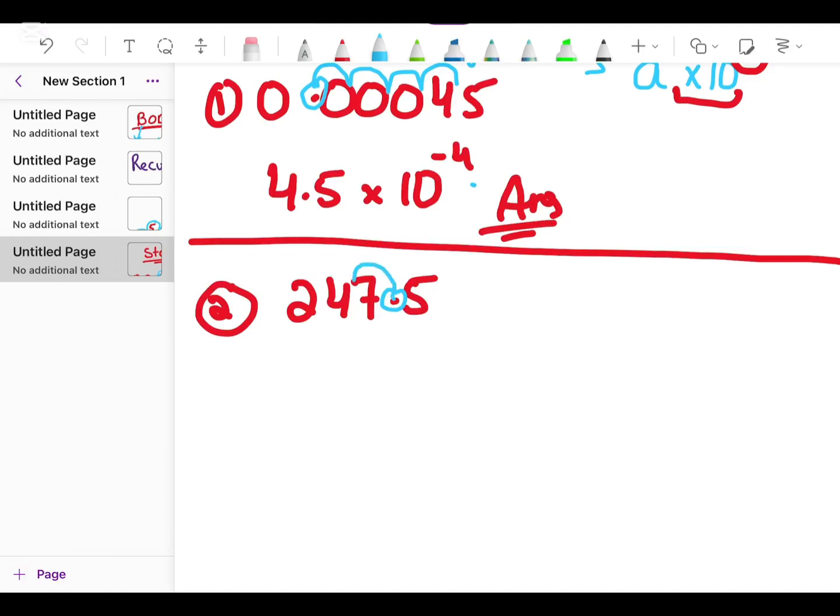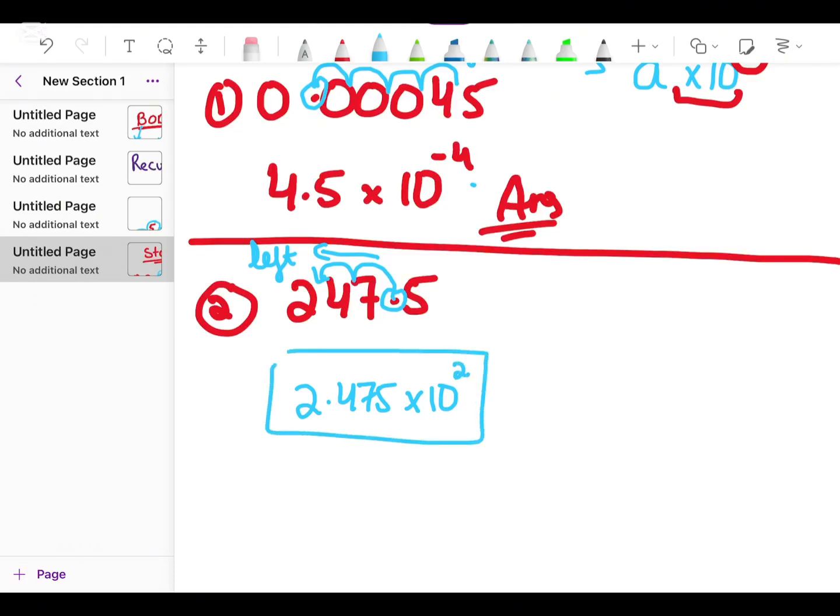So 1 and 2, it will take 2 steps, and the decimal point is moving to the left side. As I told you, when we move left, the power will be positive. So the final answer will be 2.475 multiplied by 10 raised to the power, how many steps? 1 and 2, so I will write positive 2. That's it. This will be the final answer, and this is how we can convert a number into standard form.